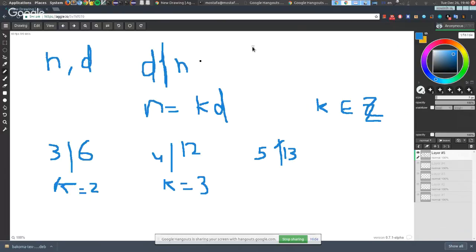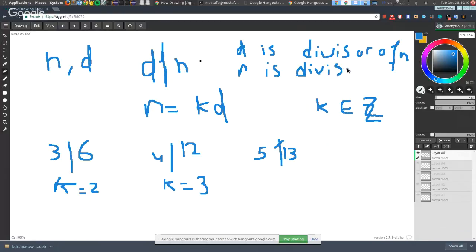We read this as d is a divisor of n, or n is divisible by d, or n is a multiple of d. All of these expressions describe the same thing.